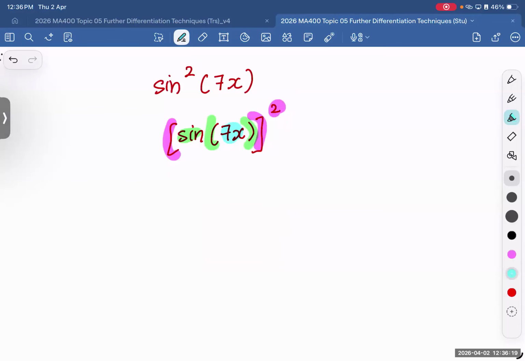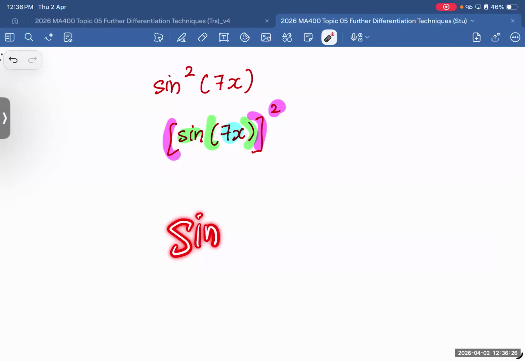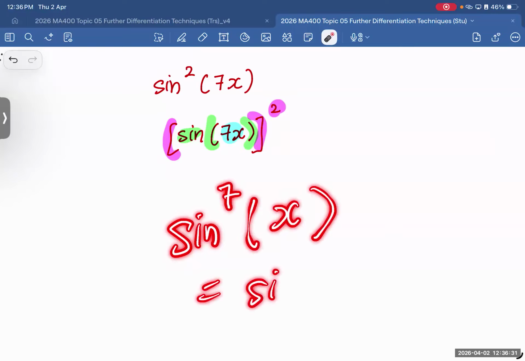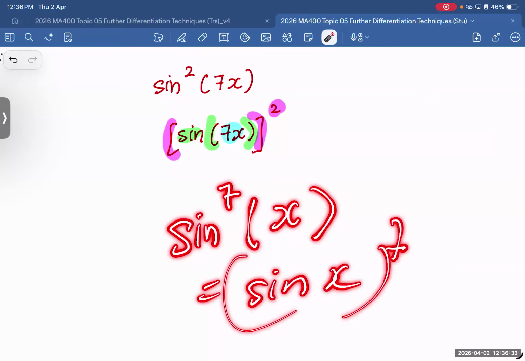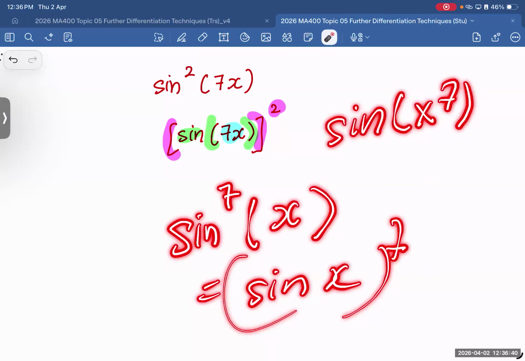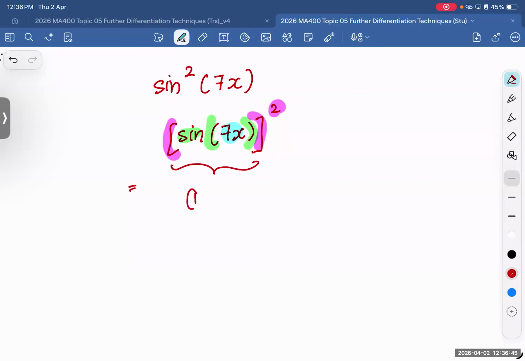So you put the power on the outside, because for trig, when we put 7 here, this really means sine x, the entire thing to the power 7. But this is not the same as sine of x to the power 7. So differentiate layer 1: layer 1 is something to the power 2, layer 2 is sine of the bracket, and layer 3 is 7x.